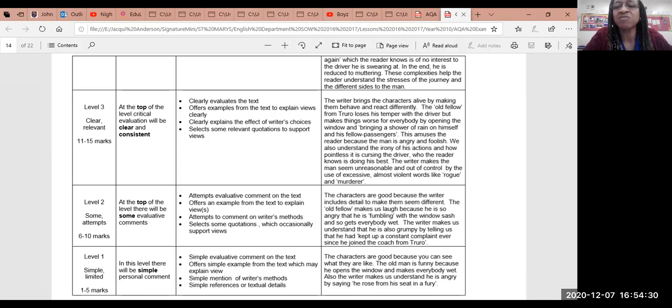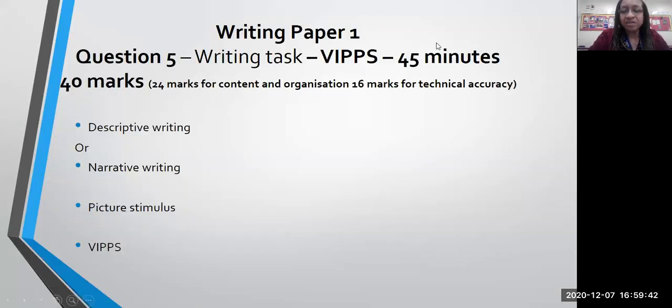So not just telling me what the writer has done, but by using words like the writer has cleverly shown the anger of the passenger, or the writer has effectively shown. Okay, so I hope that makes it clear for the first 4 questions, and then we're going to move on and do question 5. Okay, so if you pause the video and check your work, that would be wonderful.